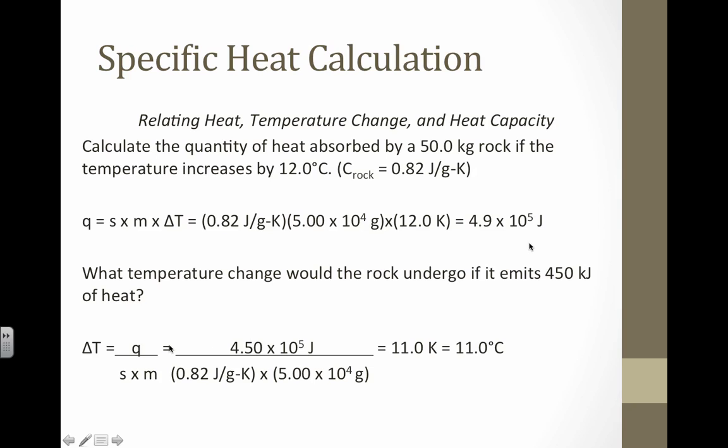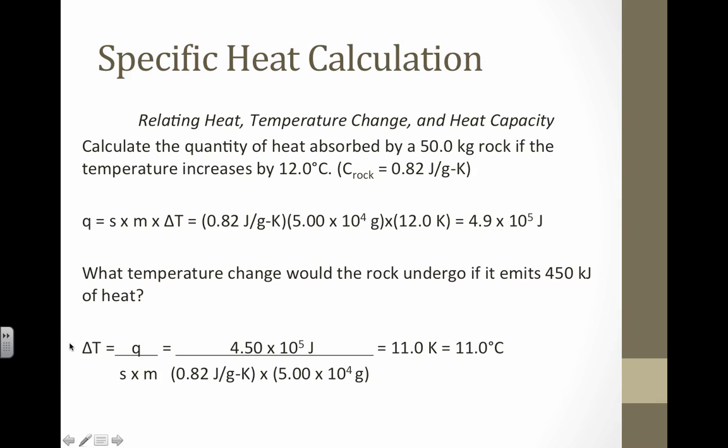If we continue along this line, we can also use this equation to solve for other things besides heat. Sometimes we can solve for temperature or mass, or if we don't know the specific heat. So in this next example, we're solving for temperature change. Let's say the rock gives off 450 kilojoules of heat.